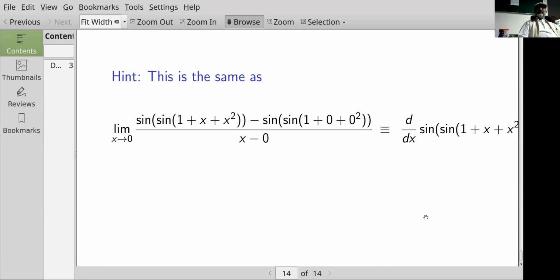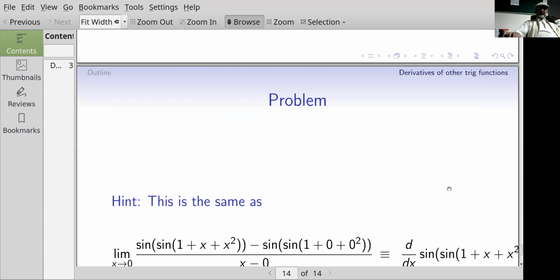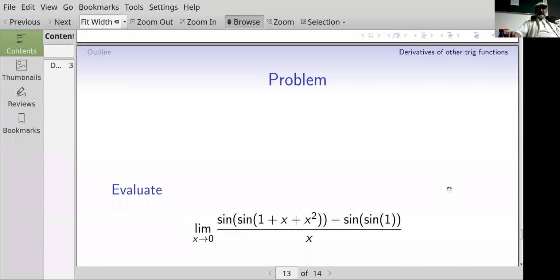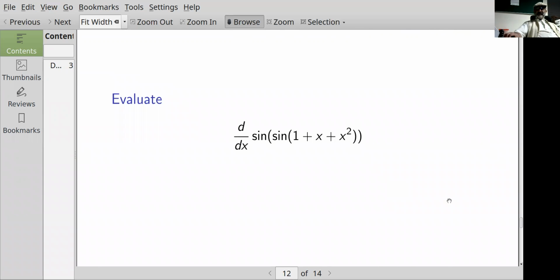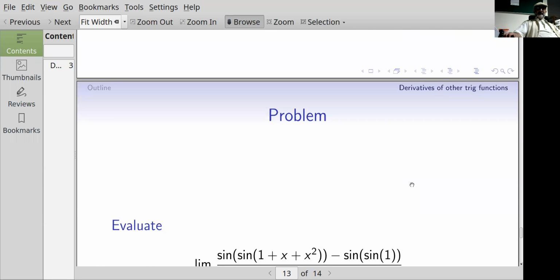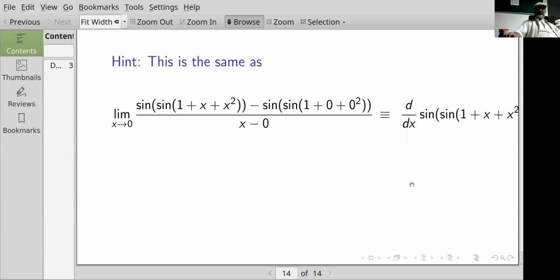What is this? By definition, this is the derivative of the sine of 1 plus x squared when x is equal to 0. So whatever derivative you evaluated for this function, now let x equal 0, and that would be the answer to this problem.